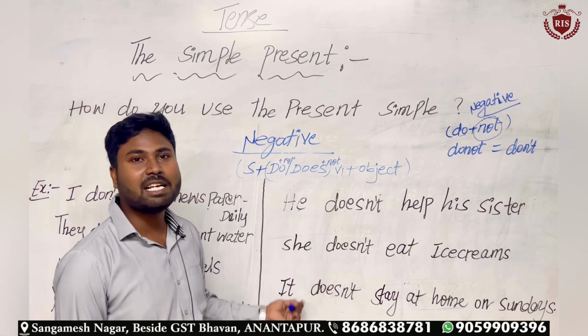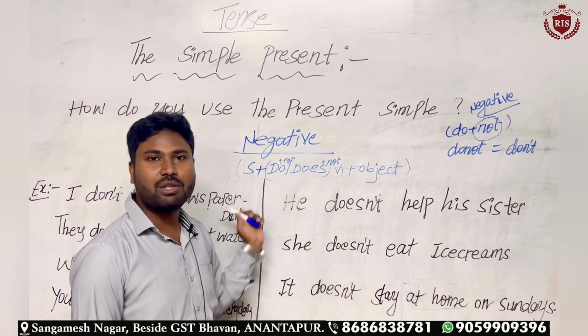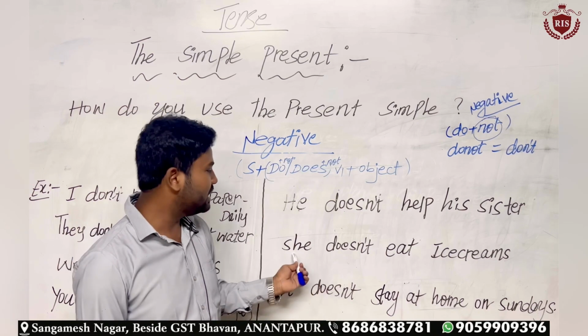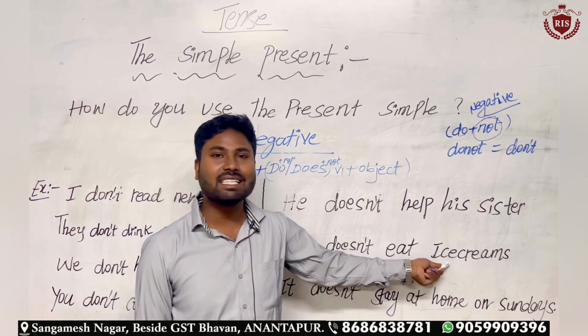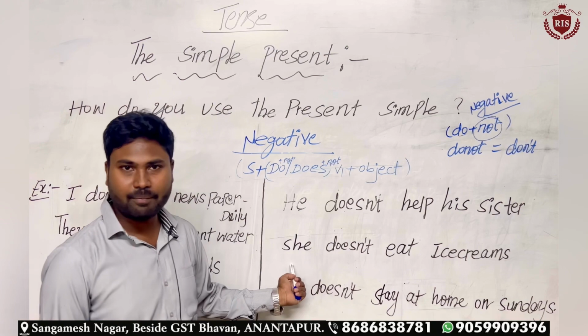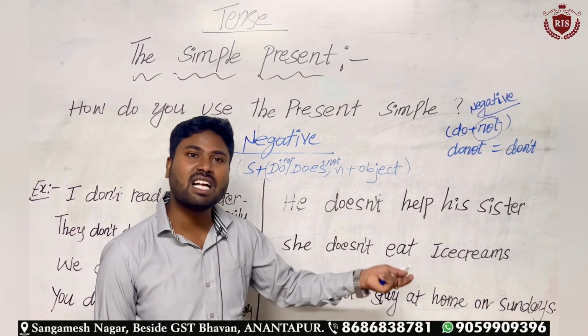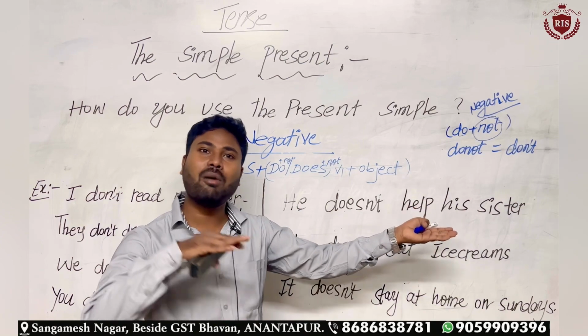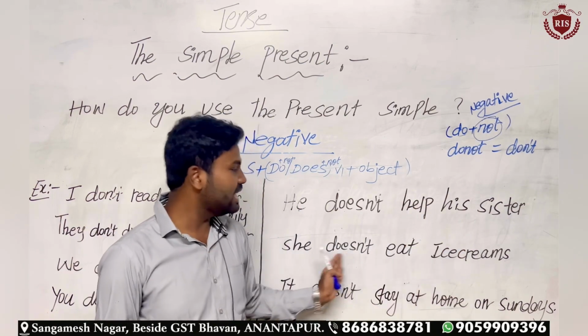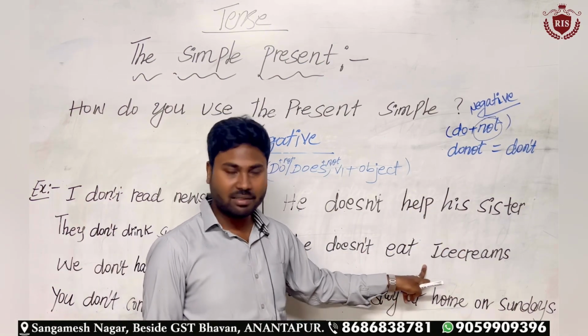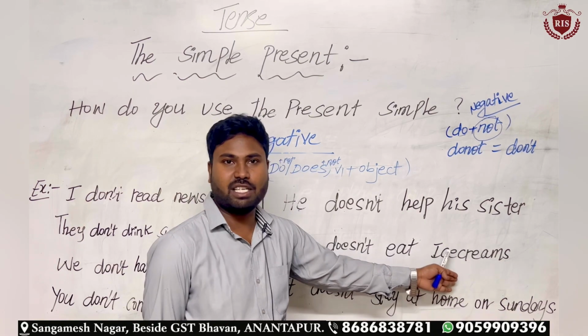For the he, she, it pronouns we use doesn't, for the I, you pronouns we use don't, okay. She doesn't eat ice creams. She is the subject, and for the contractive form we have taken does plus not, does not, and the contractive form of does not is doesn't. She doesn't eat V1, and ice creams is an object.